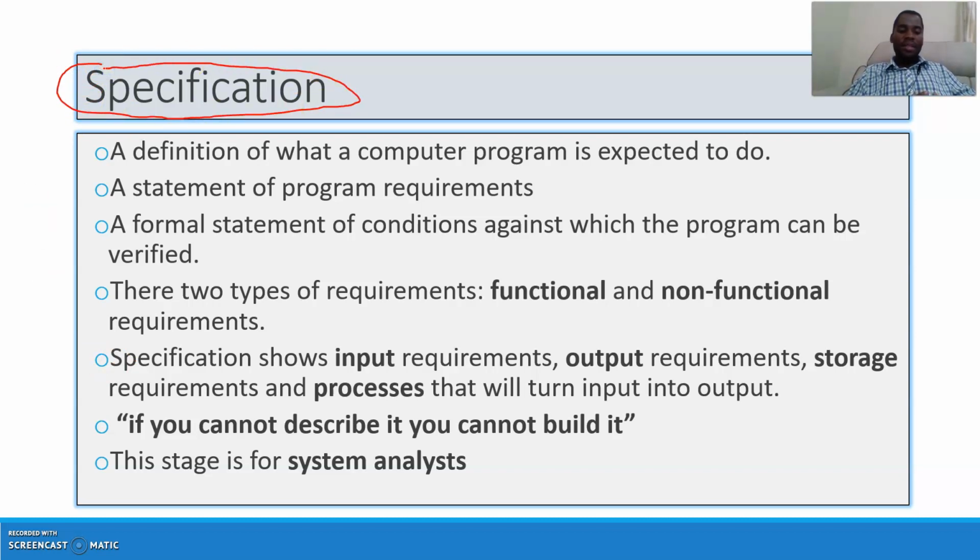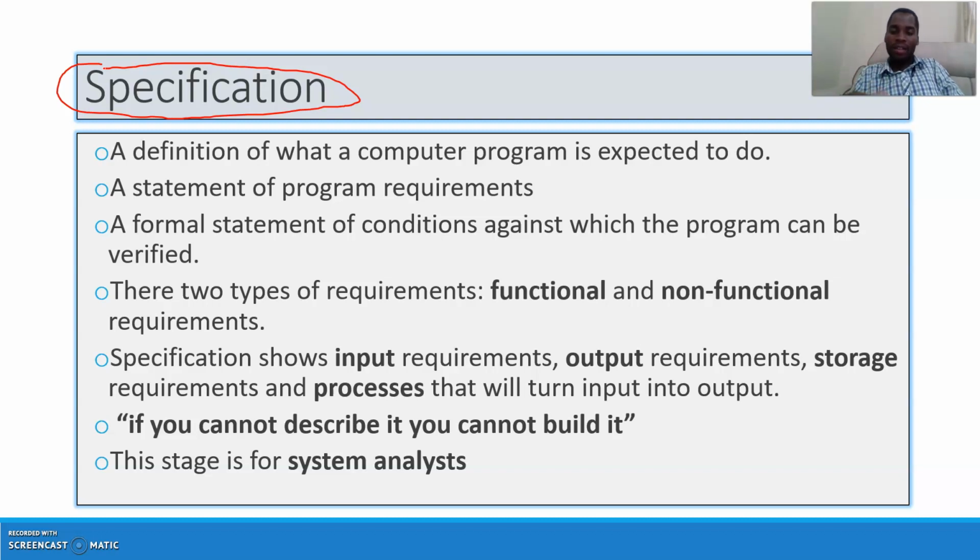Specification is a definition of what a computer program is expected to do. Before we create a program, there should be a need, and that need is described. When we have described that need, then we can have a specification, putting it in such a way that we can come up with a program.